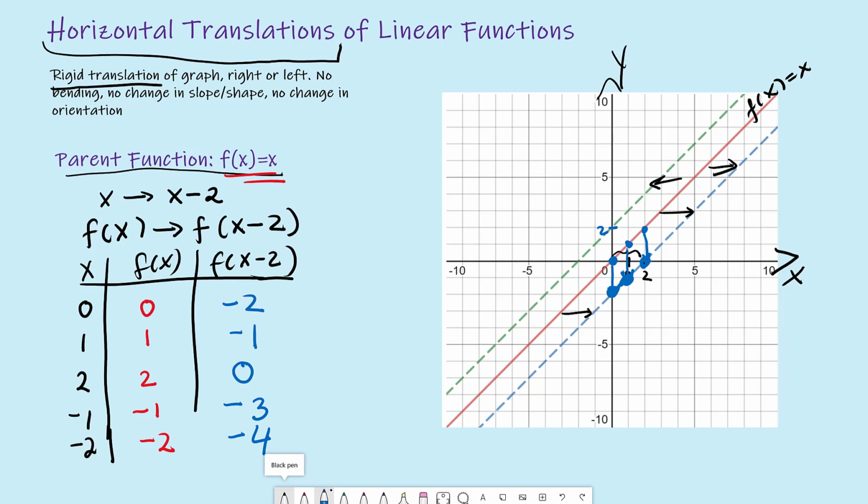Now, what you can see is that what we've done really is moved this curve over by a factor of 2. How do you see that? Well, you can see that this point moved there. This point moved here, and so on. Officially, when we do a horizontal translation, we're looking at shifting our x.